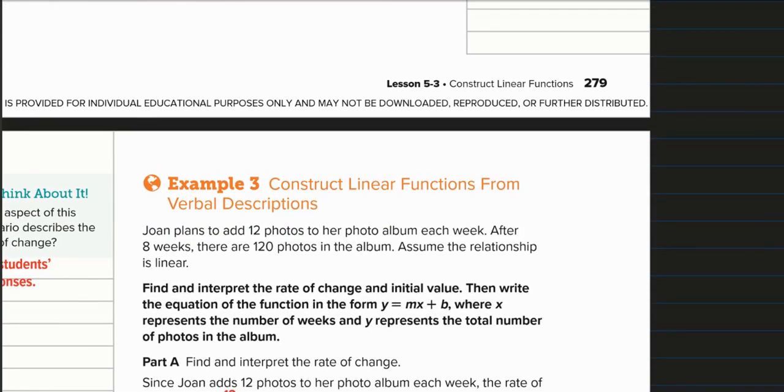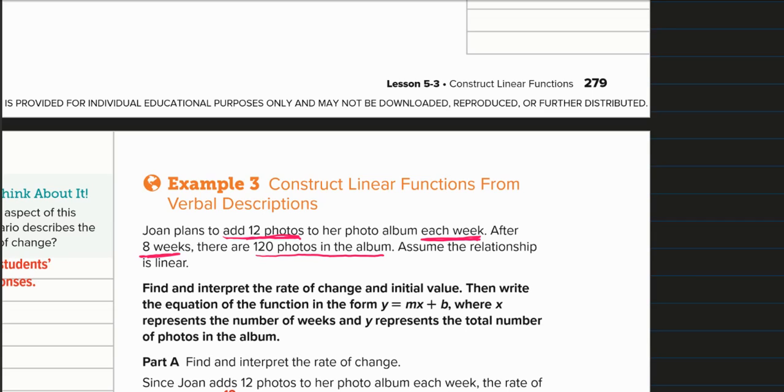So it looks like Joan plans to add 12 photos to her photo album each week. So we're going to add 12 photos each week. After 8 weeks, so we have 8 weeks, there's 120 photos in the album. So we're going to assume the relationship is linear. It says, find and interpret the rate of change.